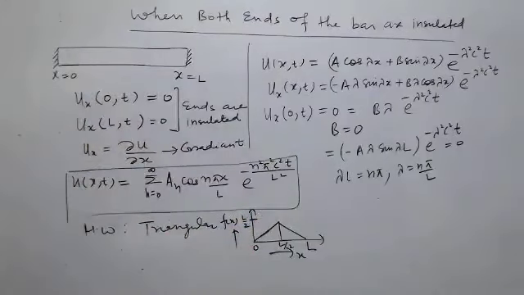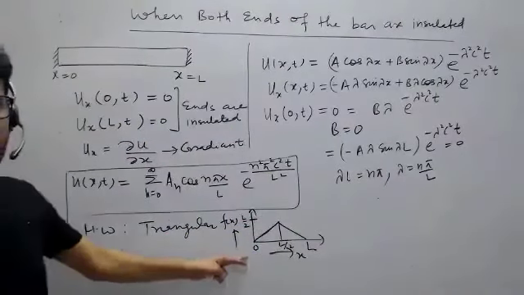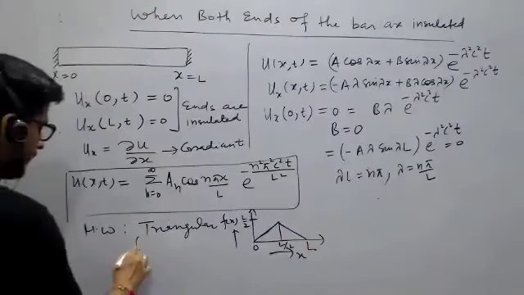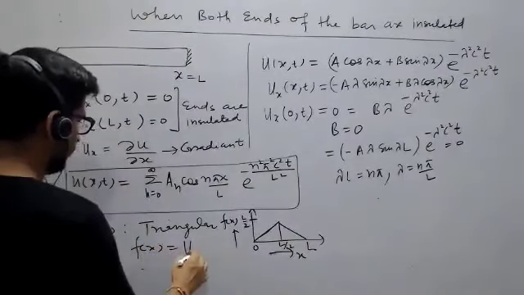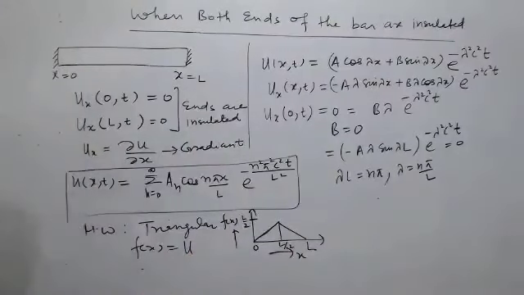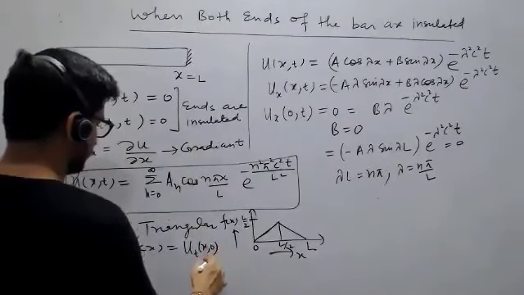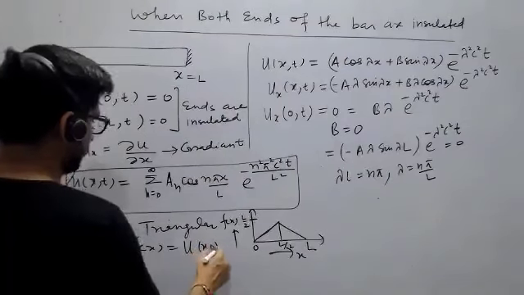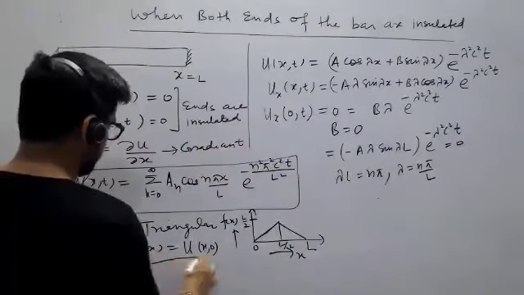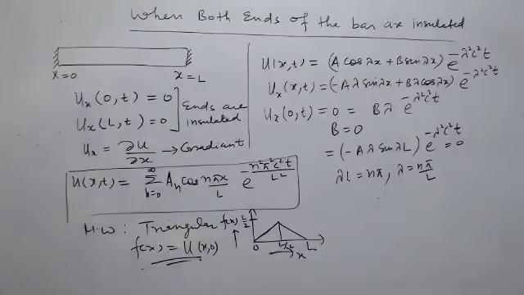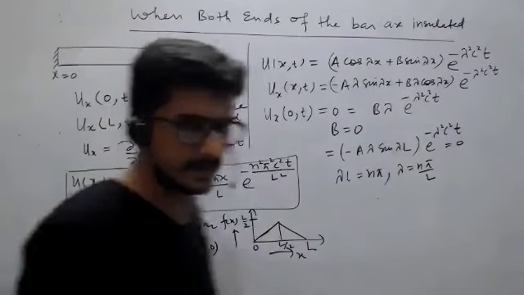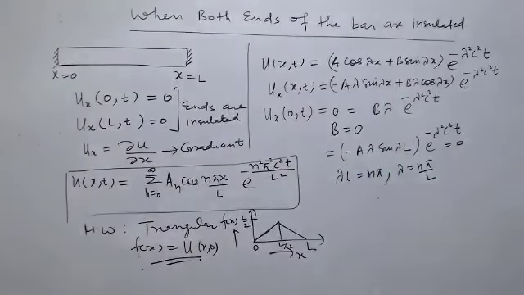Okay, so this is also a way to give the boundary condition where f(x) is given by u of x comma 0. u of x comma 0 is f(x). So you can solve it if this condition is given. Check this once, is everything understood?